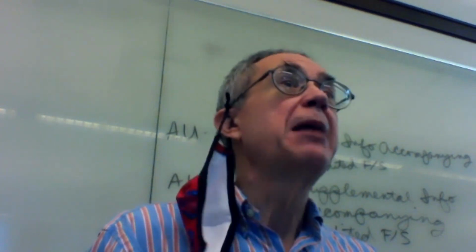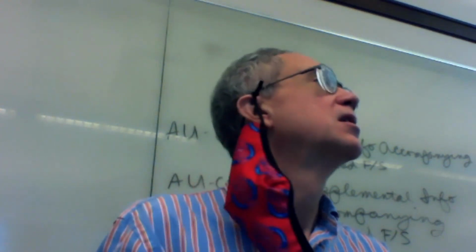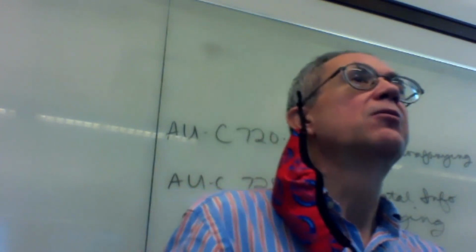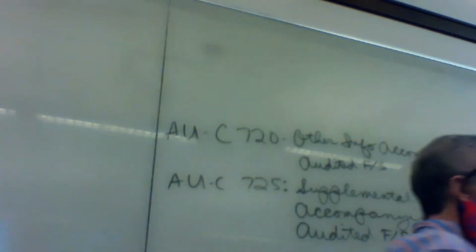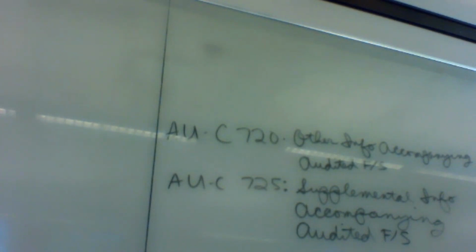Next thing I'd like to do is go to AUC 920, letters for underwriters. Here's the handout. Does anybody here need a paper copy of it? Well, first of all, before we get into this, who do you think an underwriter is?